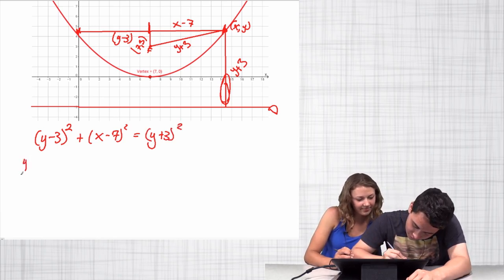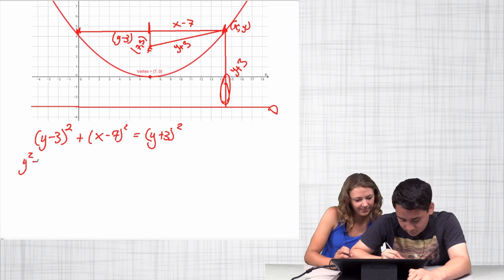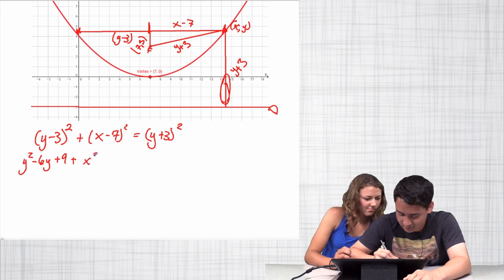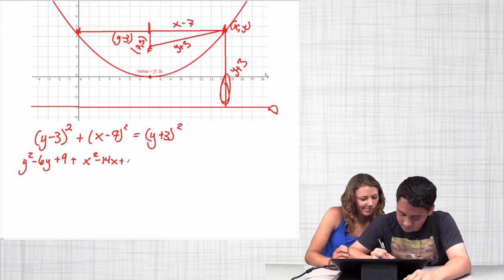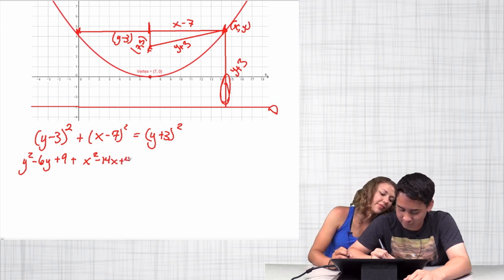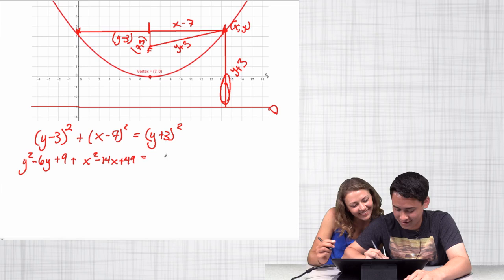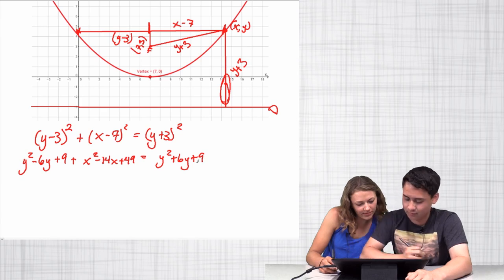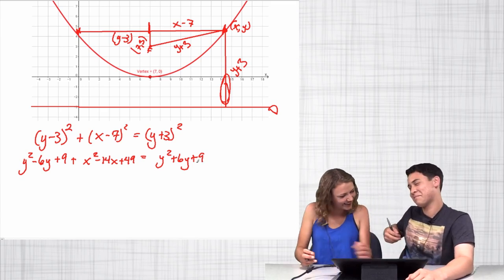So we have y squared minus 6y plus 9 plus x squared minus 14x plus 49 equals y squared plus 6y plus 9. You've been practicing, huh? Yep.